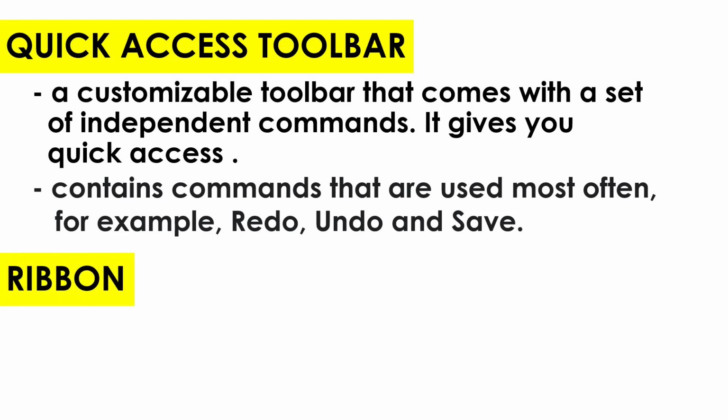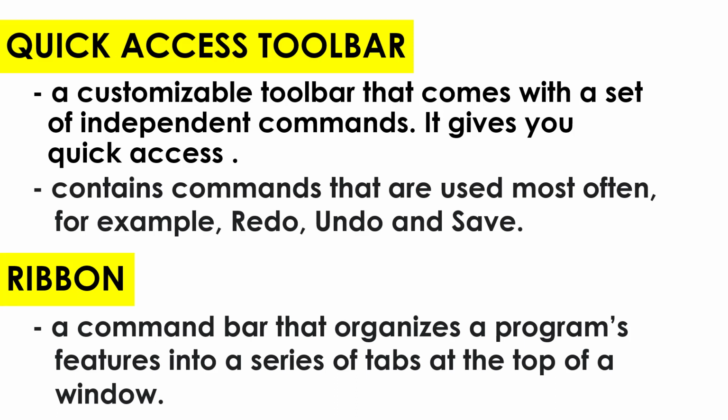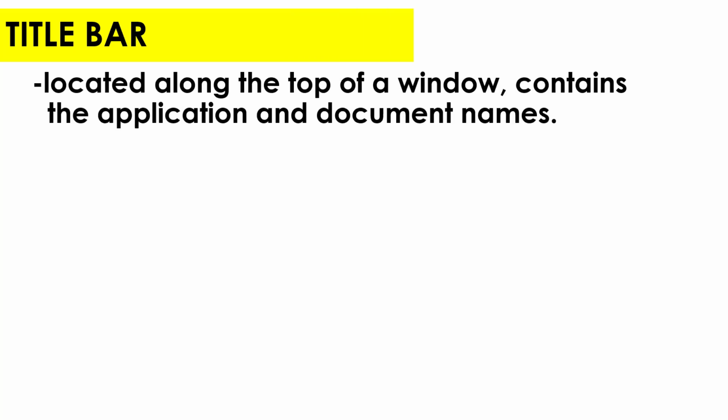Next is the ribbon, a command bar that organizes a program's features into a series of tabs at the top of a window. You have the title bar, located along the top of a window, contains the application and document names.